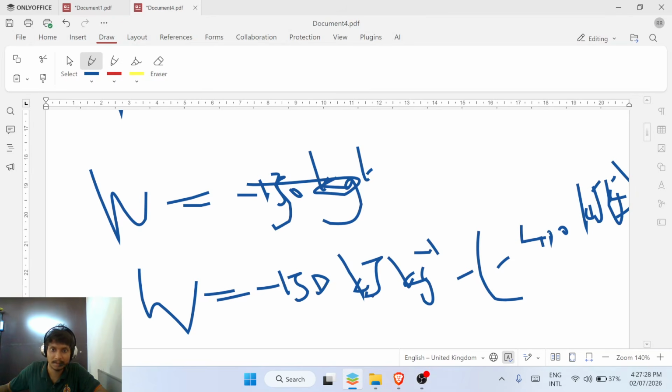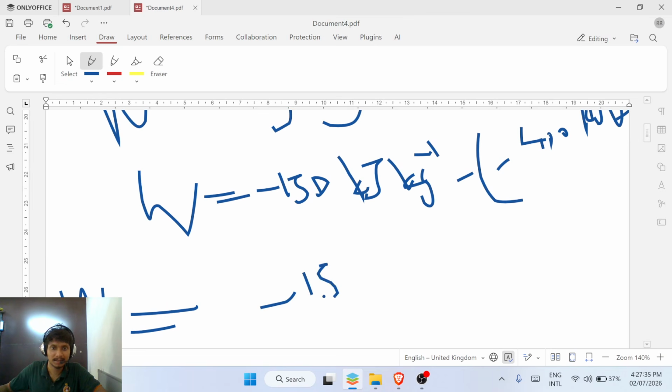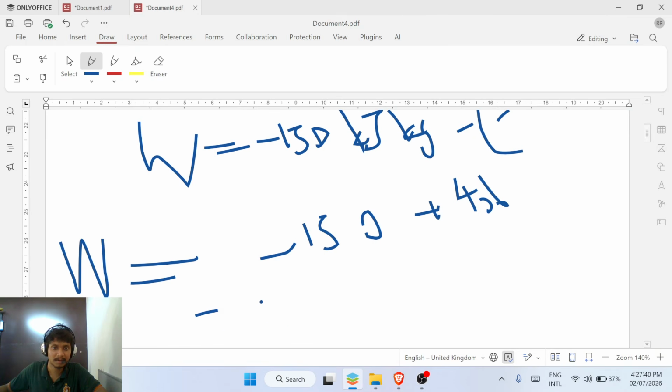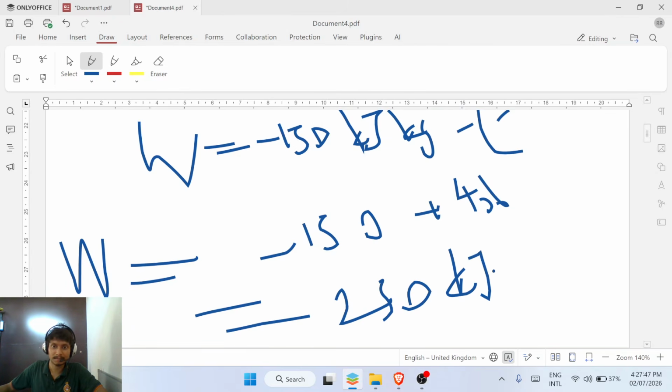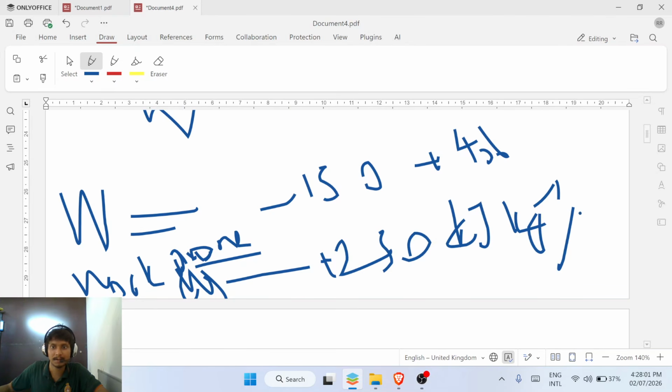The units are also the same, kilojoule per kilogram, so we can subtract directly. Minus 150 plus 400, minus into minus is plus. Therefore, 400 minus 150 is 250 kilojoule per kilogram. This is the work done. W is equal to plus 250 kilojoule per kilogram. This is the final answer.